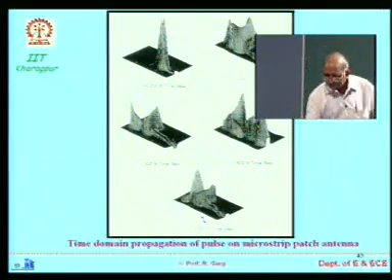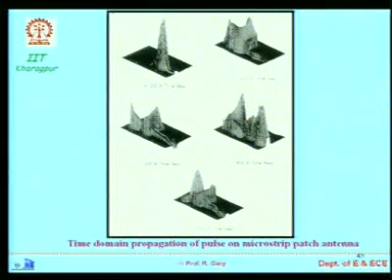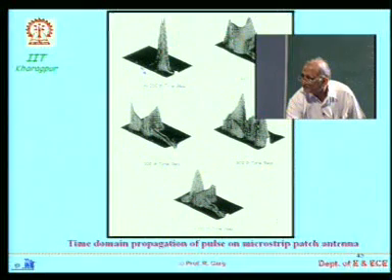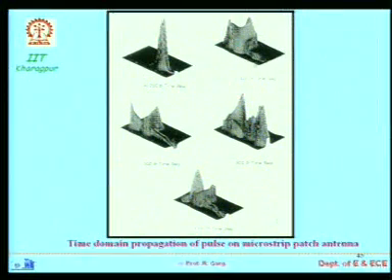So, it shows that this is a feed line and there is a patch. At the 200th time step, whatever signal you are feeding has traveled up to this point, nothing on the patch portion. As time progresses, the signal reaches the patch portion, and that is how the electric field distribution forms; somewhere it is maximum, somewhere it is less.